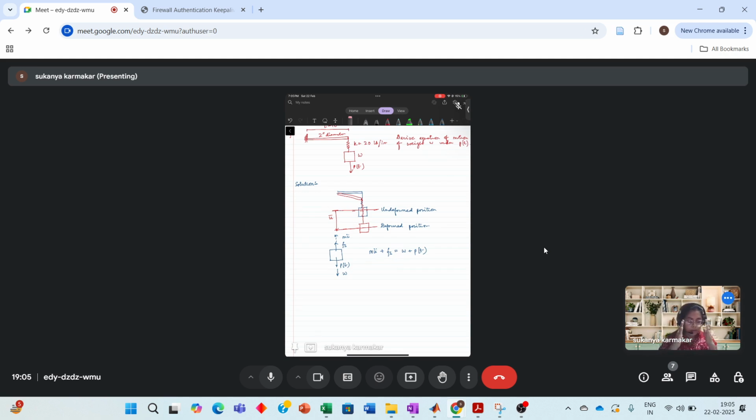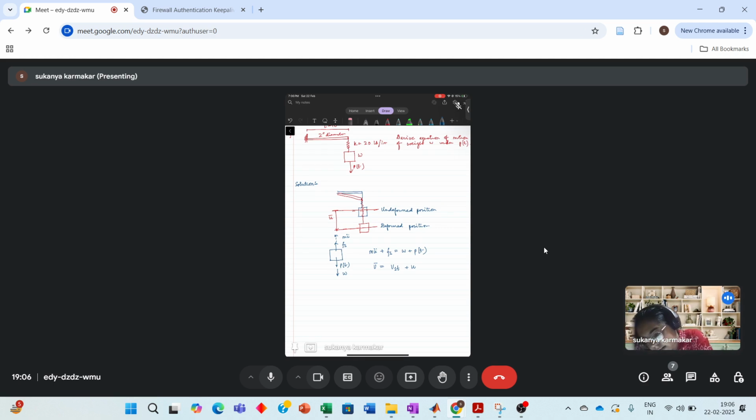Okay, now what is this U bar made up of? What does it consist of? U bar has some static portion and some dynamic portion, where UST is the static displacement due to the weight W, and U is measured from this position of equilibrium.